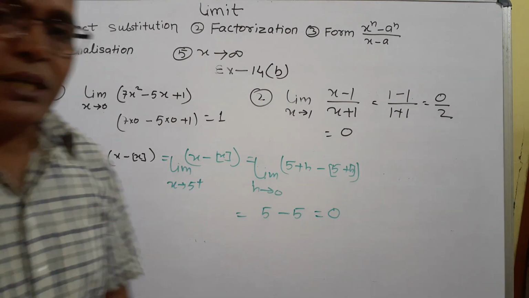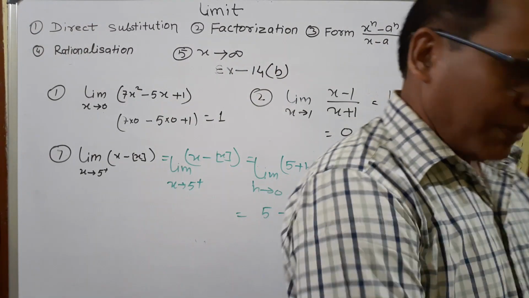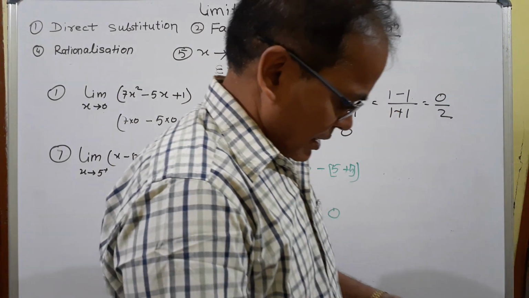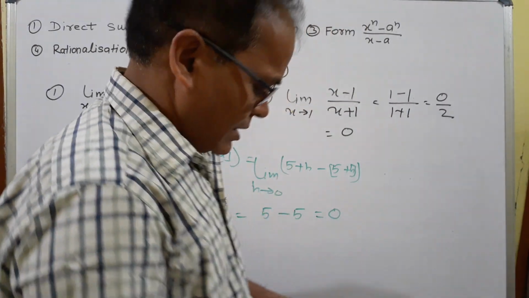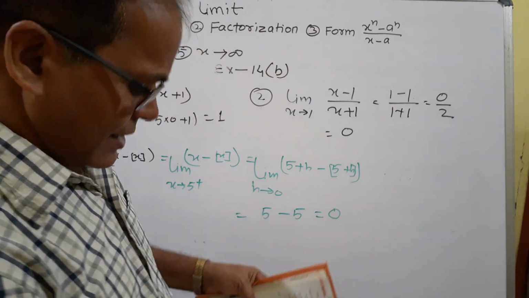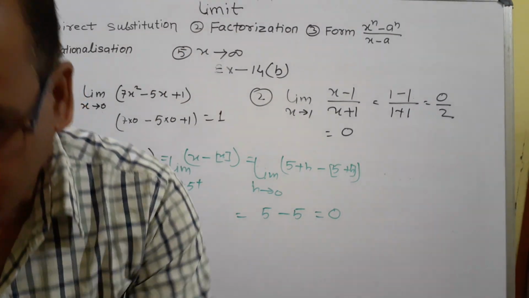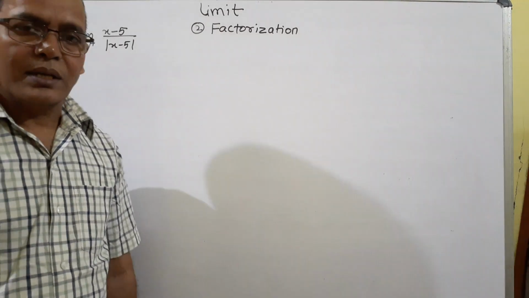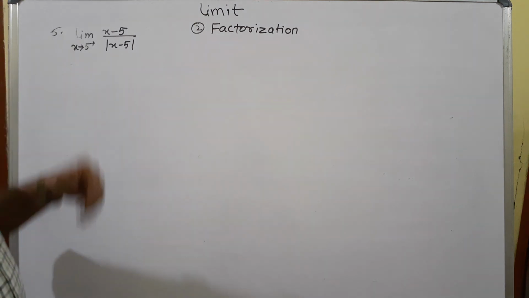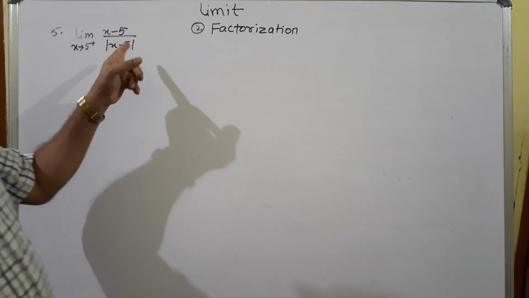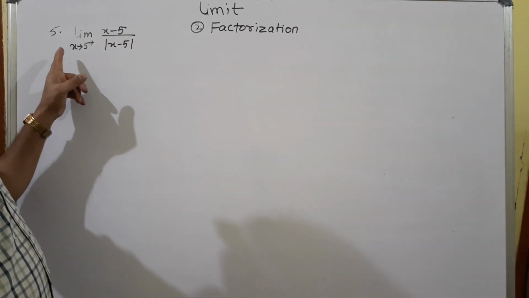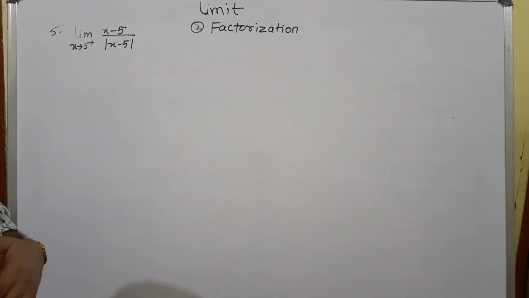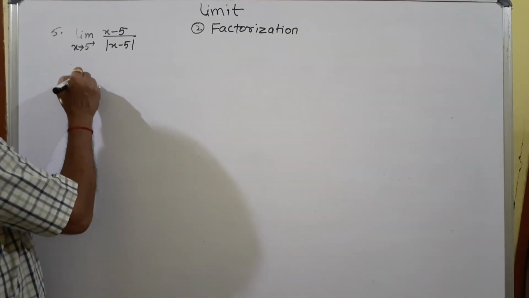This is the answer for question number 7. It was different, so I explained it. You will do up to question number 8, from 1 to 8. Now in another exercise, question number 5: limit x minus 5 divided by the absolute value of x minus 5, with x tends to 5 plus. How will we solve?